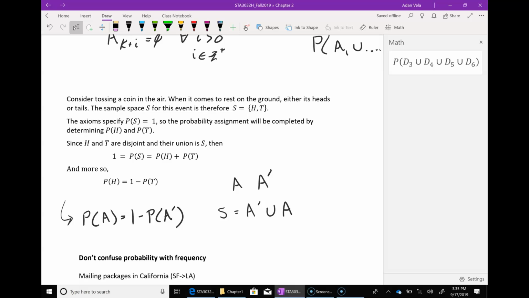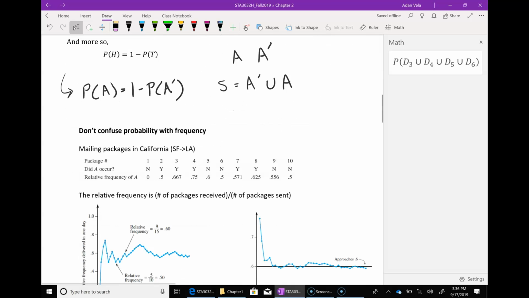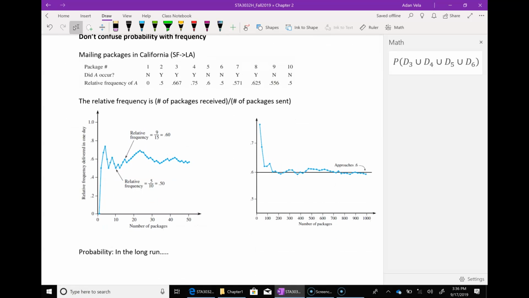All right. So what does probability really mean? Who knows? People have different ideas of it. Generally, the one that most people go with is that probability is some sort of measure of the long run relative frequency at which something will occur.